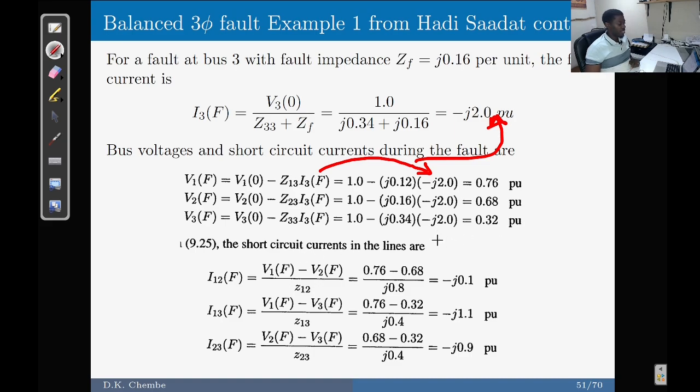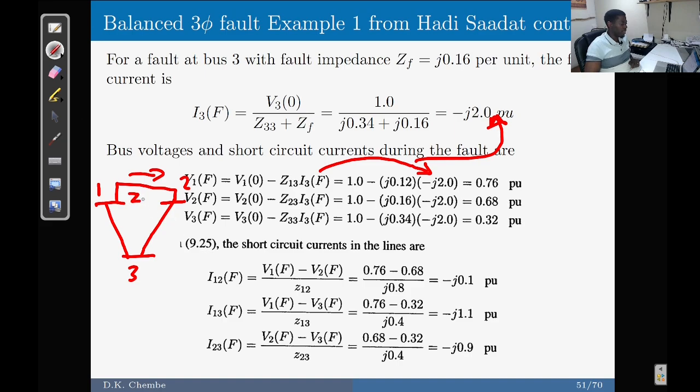The short circuit currents in the lines are therefore between, so we've got 3 buses, bus 1, 2, and 3. So we're looking at the lines now connecting these. So I12, the current flowing from bus 1 to bus 2 during the fault, will be V1F minus V2F over Z12.